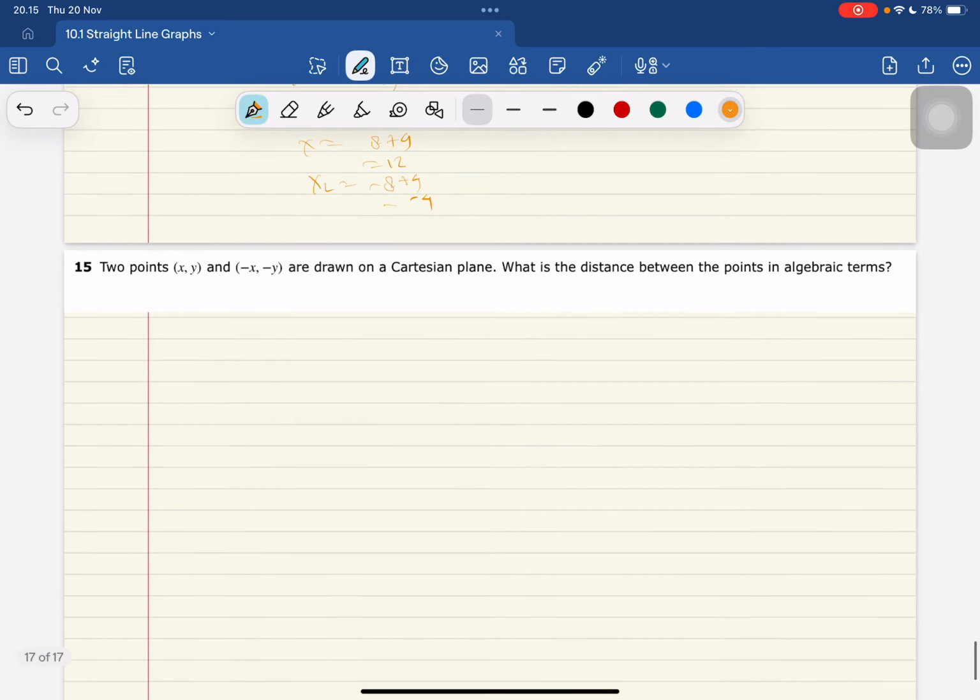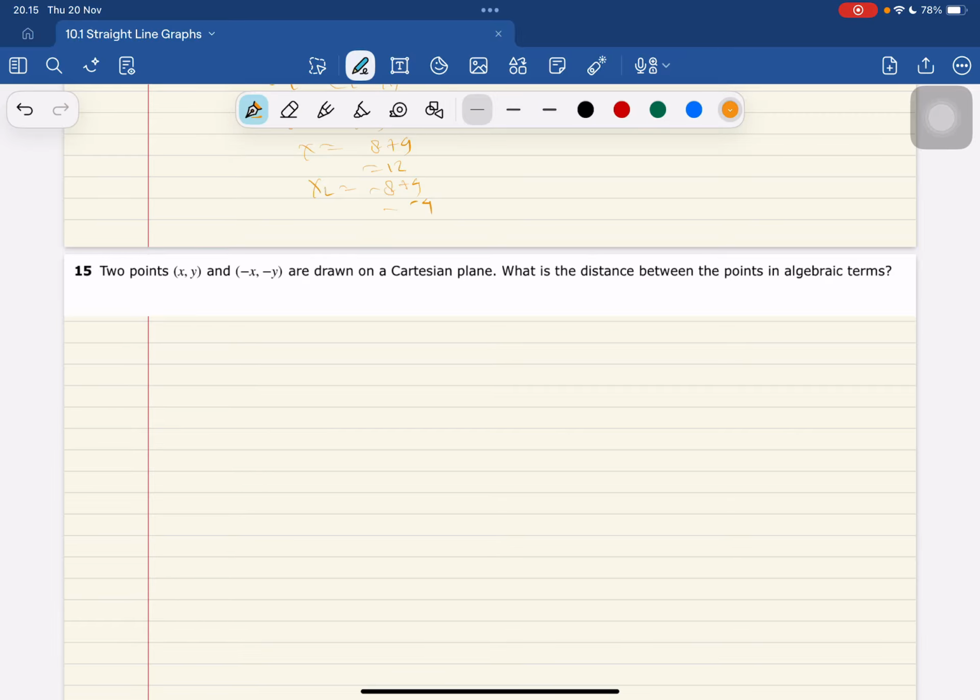Now question 15, the last question. The two points (x, y) and (minus x, minus y) are on the Cartesian plane. What is the distance? We write distance equals the square root of (x1 minus x2) squared plus (y1 minus y2) squared. So x minus minus x, squared, plus y minus minus y, squared.